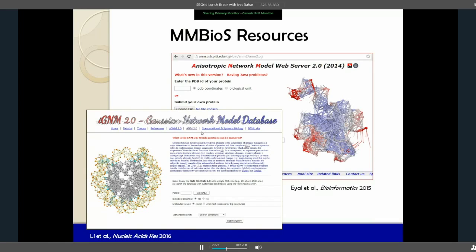It is very easy to retrieve the data and analyze the result. I would also strongly encourage you to see what type of information you can get. You can obtain fluctuation spectra, you can obtain cross-correlation maps. And what is beautiful is that everything is being released for the biological assemblies.